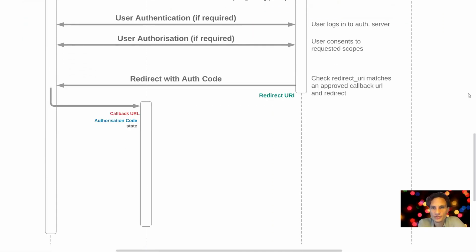Following those checks, the authorization server will then redirect to the URL in the redirect URI, the callback URL, and as part of that redirect, it will include a parameter with the authorization code, and also the state, as I mentioned, that can be checked by the client app server.